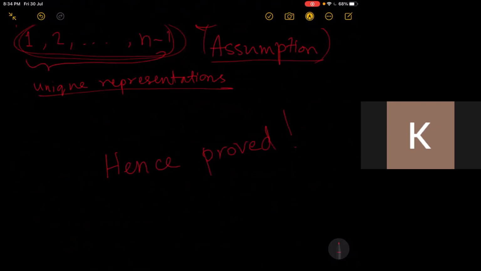Anyone who has any doubts in the proof? You can explain after the strong induction part. Okay, so basically what we did in weak induction, we assumed it is true for n, then we proved it for n plus 1. This is what we did.